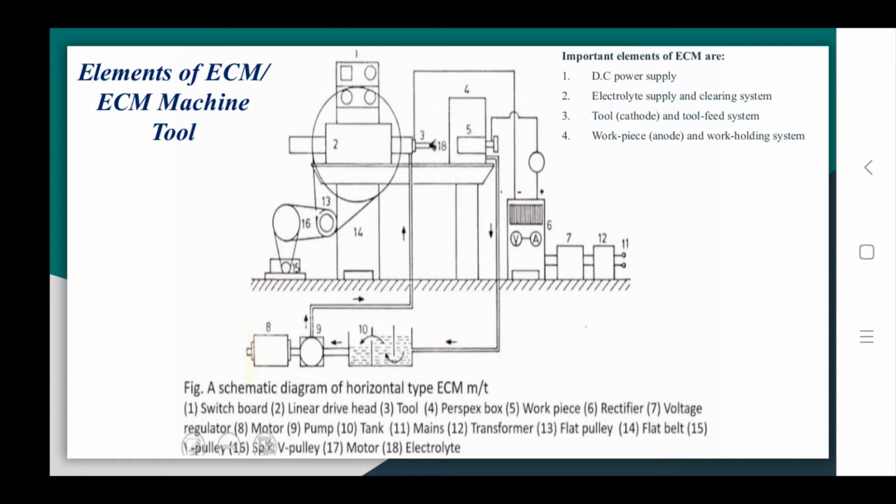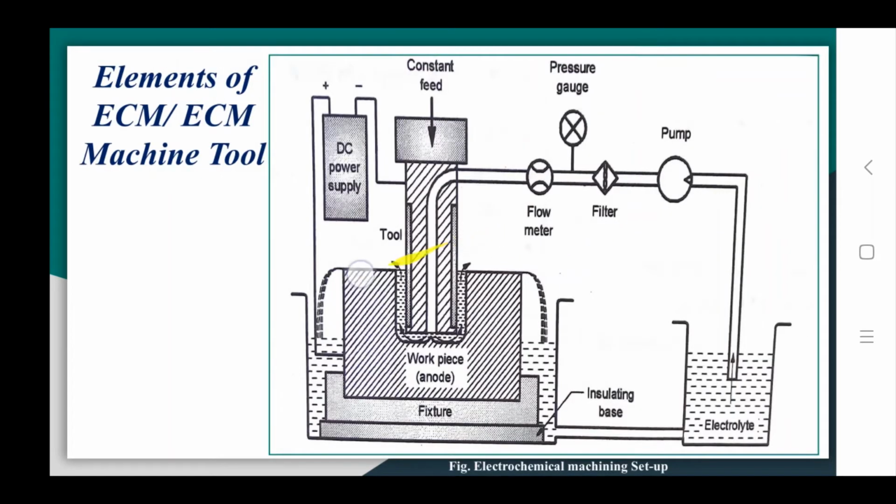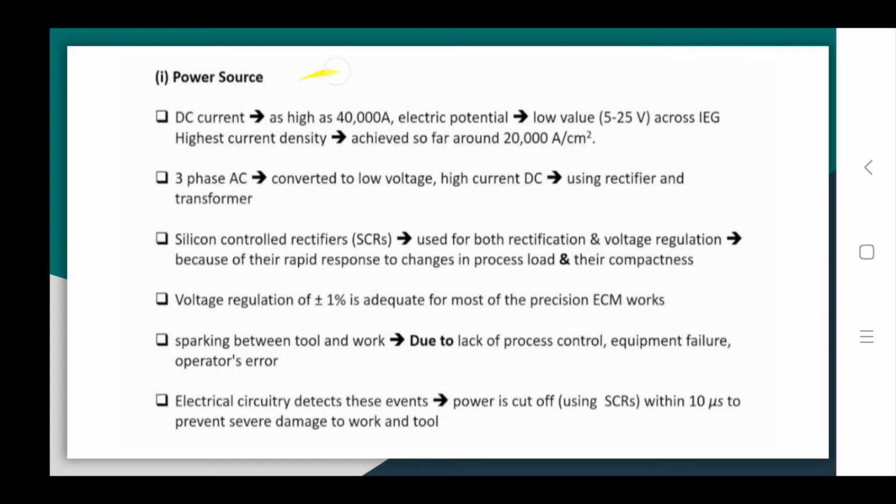So let us discuss the first one, the power supply system. For our ECM machine tool we need a DC current, and the amount of voltage is 5 to 25 volt, but the amount of current required is as high as 40,000 ampere, with a low electrical potential of 5 to 25 volt across the interelectrode gap.